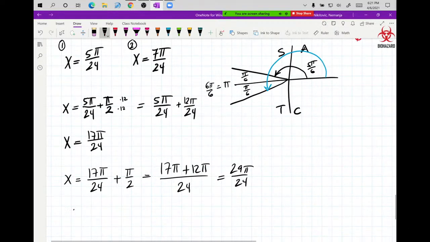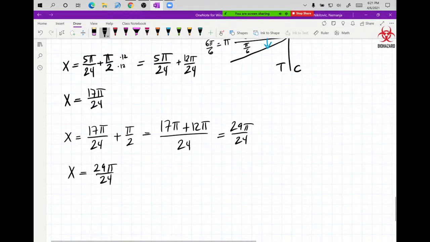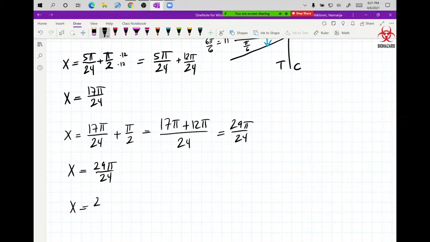So that's your next solution, 29 pi over 24. And the last, fourth solution, right, is because you have 4 solutions off of the first and the 4 from the second, right? So this is the fourth value now. 24 plus 12 pi over 24. Told you I'll start skipping steps. And that's 41 pi over 24.